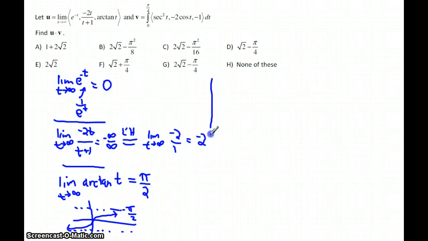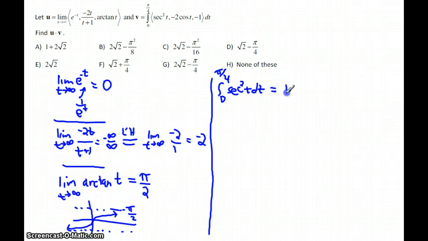Then we have the vector v, which is found from integrals. We have an integral from 0 to, I'm sorry, 0 to pi over 4 of secant squared. Well, what function has secant squared as its derivative? That would be our antiderivative we're in search of, and that's just tangent.